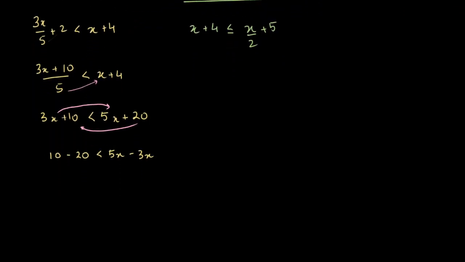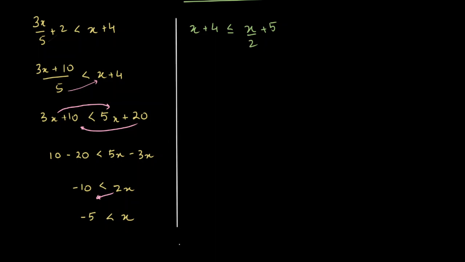So solving this further, 10 minus 20 gives me minus 10, which is less than 5x minus 3x, which is 2x, right? The 2, multiplication, take it to the other side, becomes division. So I'll get minus 10 upon 2, which is minus 5, less than x. So this here is the solution for the first part.